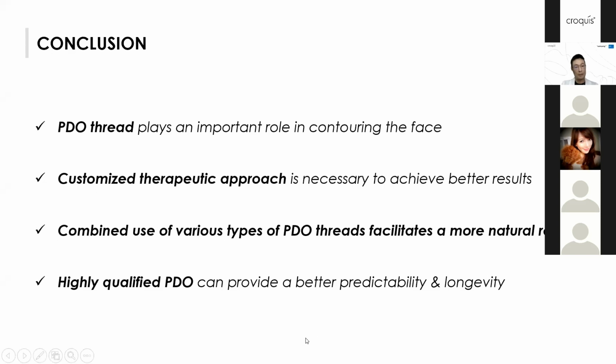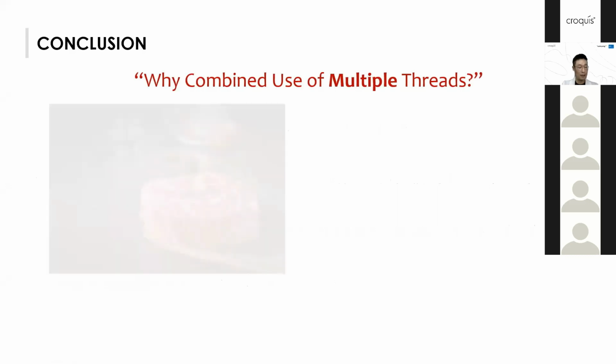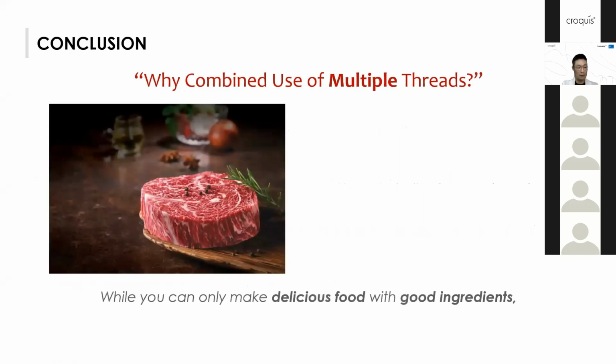Okay, this is my last slide, my conclusion. PDO thread plays an important role in controlling the face, and a customized therapeutic approach, depending on the patient's facial shape and skin type, is very important to achieve better results. And combined use of various types of PDO threads facilitates a more natural result. That is why combined use of multiple threads is necessary. Let me give an example.